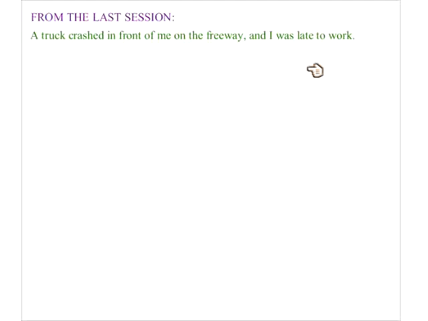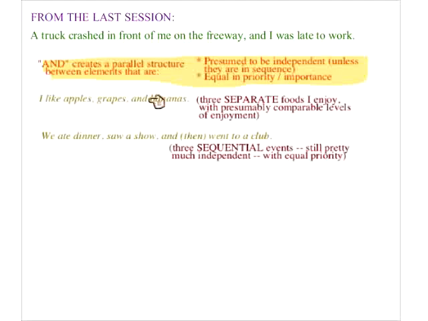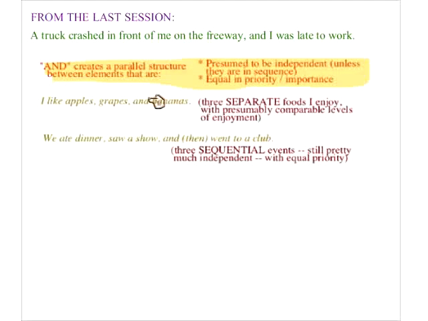And then equal in importance or priority. So "I like apples, grapes, and bananas" is a parallel structure between three foods that I actually like. So here's a food that I like, here's another food that I like, here's a third food that I like. Independently of each other, none of these is a description of any of the other ones.